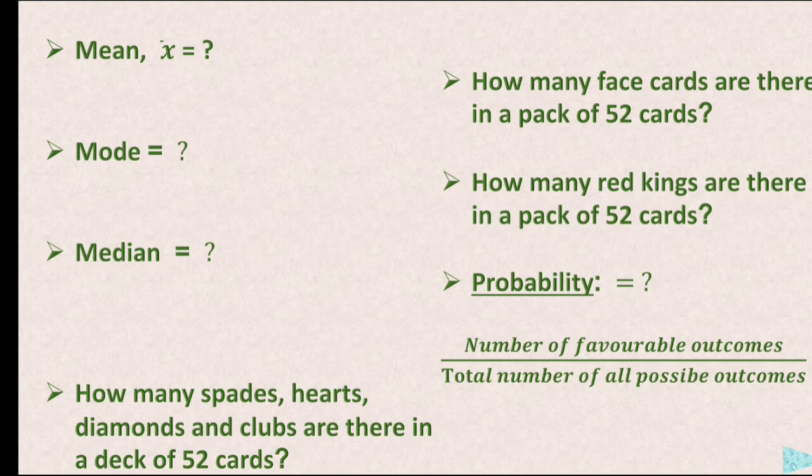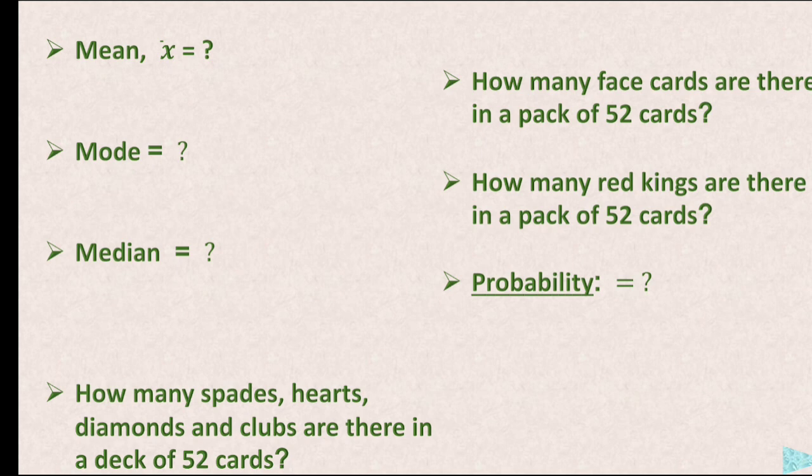Probability is equal to number of favorable outcomes over total number of all possible outcomes. Now the sum of the probability of not occurring of an event and the probability of occurring of an event is equal to 1.